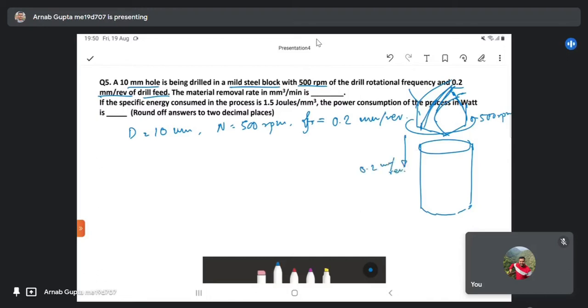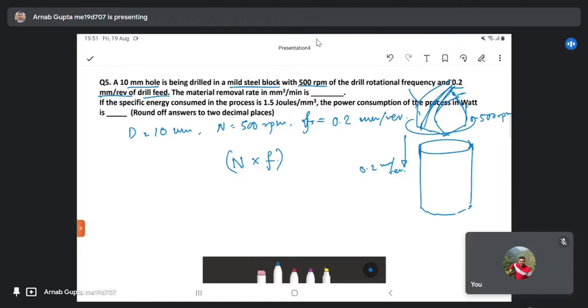How much distance is it moving in unit time? To find that out, all you need to do is n into f. That is the distance this drill is covering in unit time, or you can say the feed in time scale, how much distance I am covering in unit time. If we define feed in that manner, that will be n into the feed per revolution.